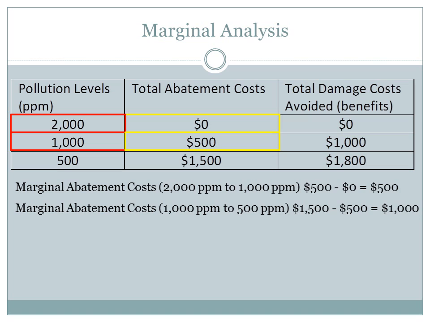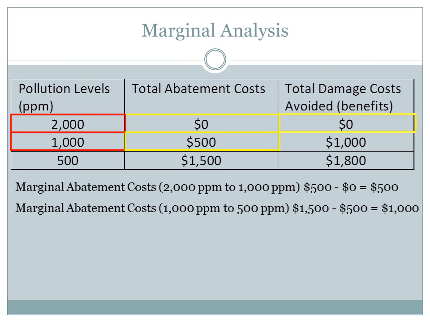Similarly, if we look at total damages avoided, or the benefits of pollution control, we can calculate the marginal benefits, or the marginal total damage costs avoided. So again, in the first example, the current level of pollution is 2,000 parts per million, so there are no benefits given this current status quo.